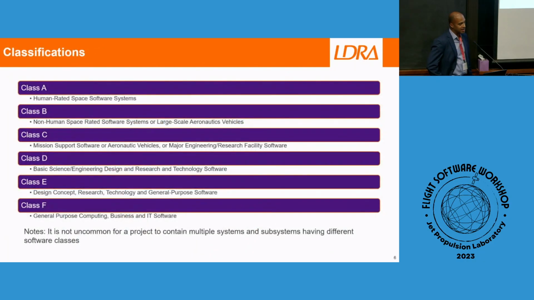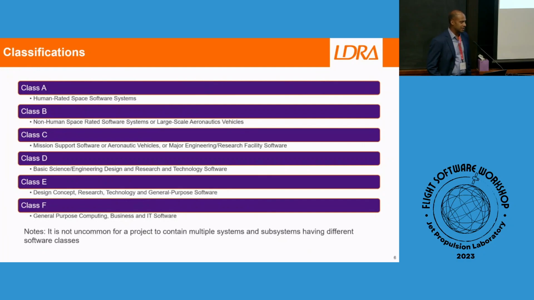It has classes. The classes are A, B, C, just like DO-178, if you're familiar with that. In DO-178, for a Class A system, if you have a failure, the failure is catastrophic. In the NASA standard, a Class A system is whatever applies for human-rated space flight software.